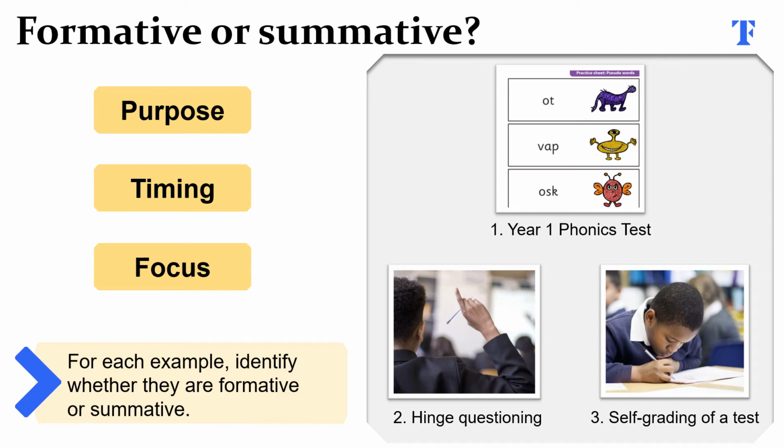The focus of such tests is usually a whole unit of work. As with all summative assessment, it is possible to use this assessment in a formative way, but only if there are activities designed to support future learning, such as self-reflection, to identify the next steps in their learning.